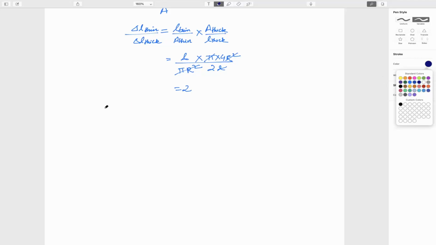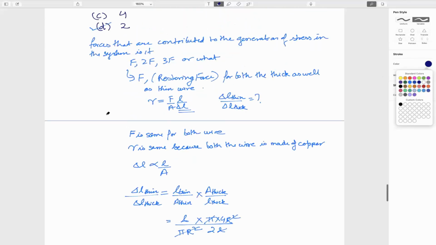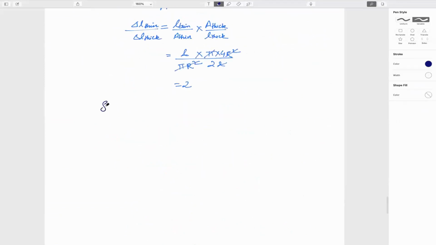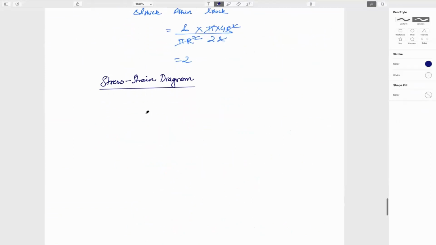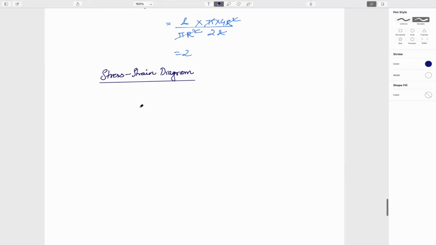I have introduced you to the stress strain diagram, so let's discuss that diagram in detail. First we will discuss the stress strain diagram and all the limits that can be represented from it, and then we'll have a look at one question related to that. I'm plotting that. The stress strain diagram looks something like this.